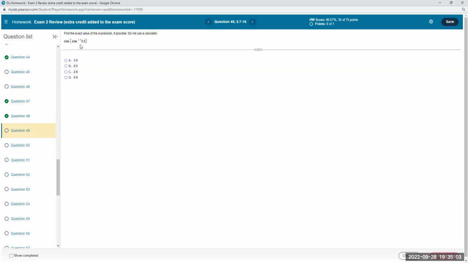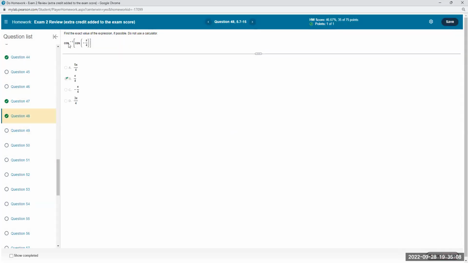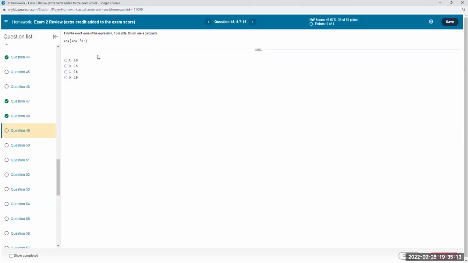This one's a little different because in the previous problem, we had cosine inverse on the outside and cosine on the inside. Here we have the reverse, cosine inverse on the inside. So the first thing you have to check is make sure that your input is in the domain for cosine inverse. And the domain is the range. The domain of cosine inverse is the range of cosine. The range is the output. The cosine function ranges from -1 to 1 as an output. So that is going to be the input for cosine inverse.